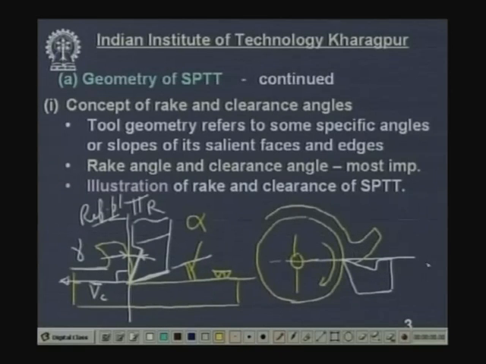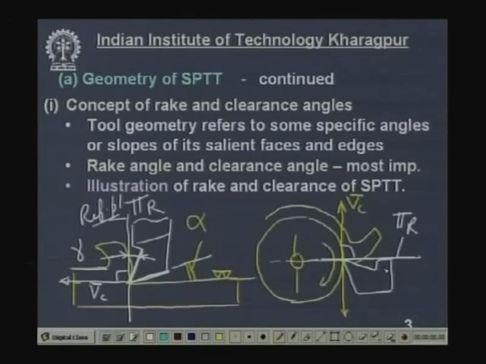In this case, we have to show the velocity vector. When this rotates and this is a contact point, this is the velocity vector for the job and this is for the tool. Now, what is reference plane then? Reference plane is perpendicular to the velocity vector. So, this is reference plane denoted by pi r.